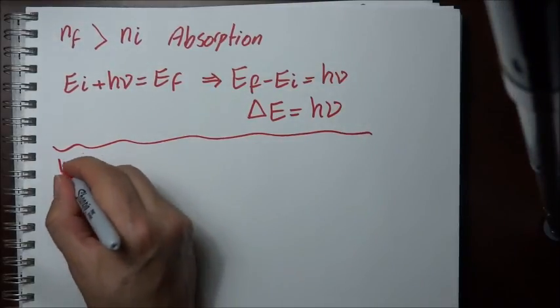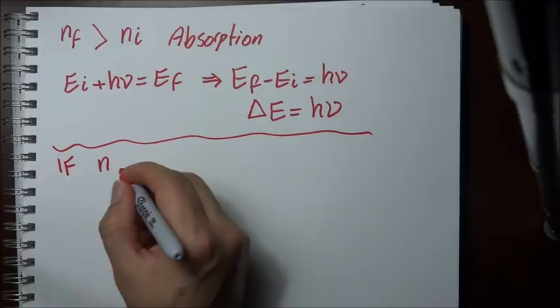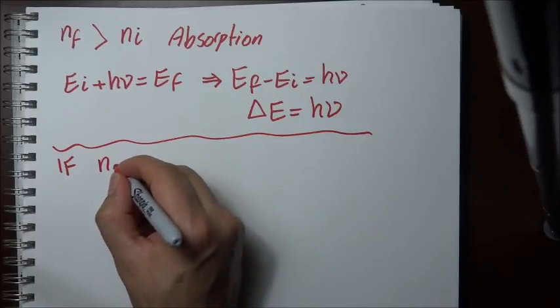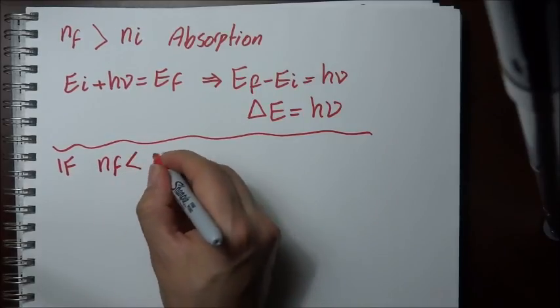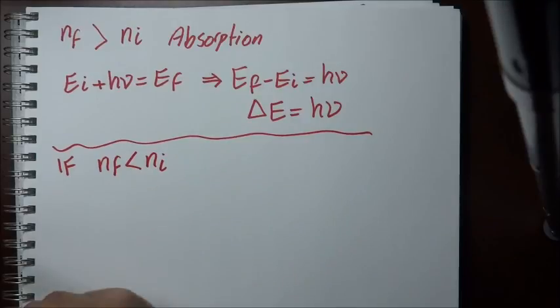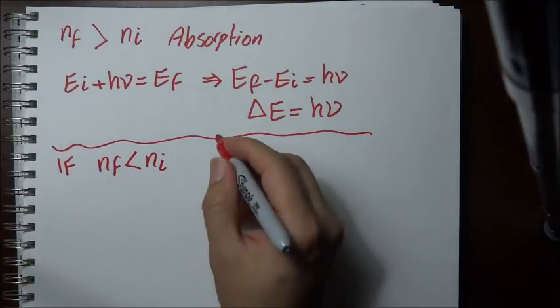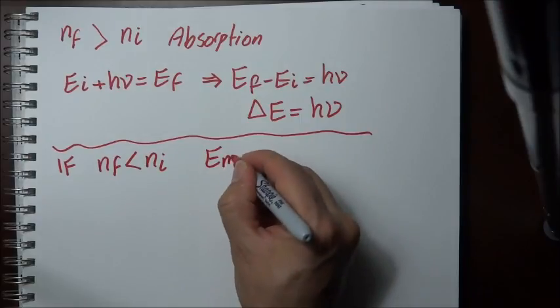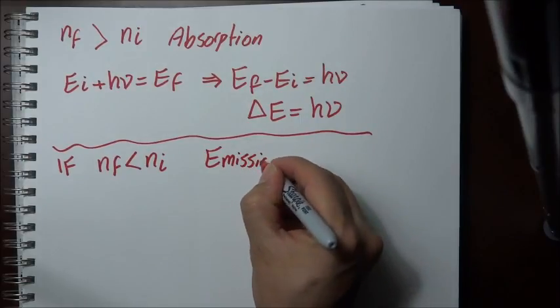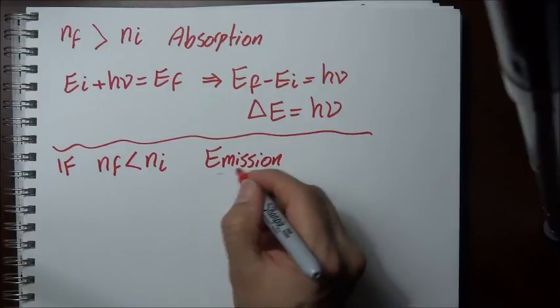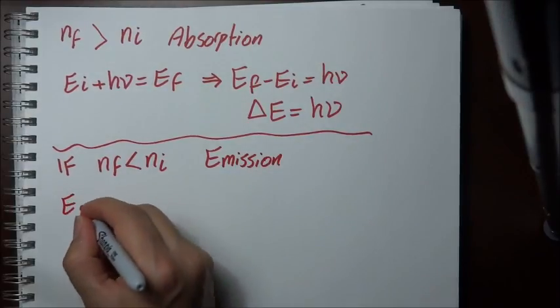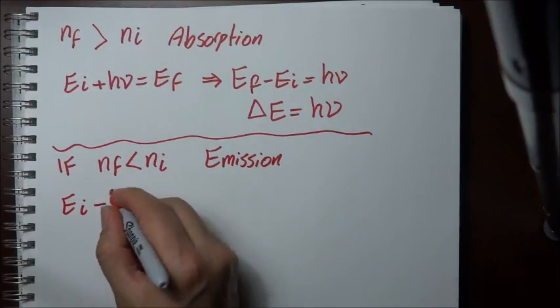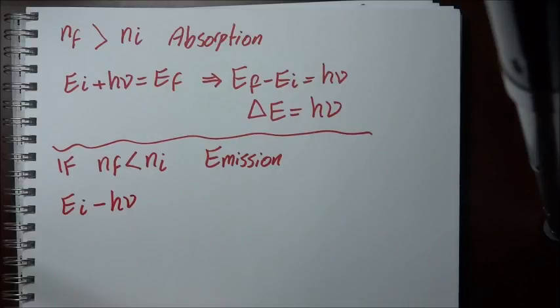But if you are dealing with a case that final n is lower than initial n, then the case you are dealing with is emission. With emission, you need to write this one, EI minus h nu.